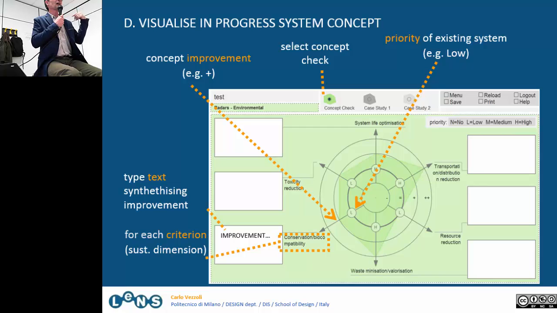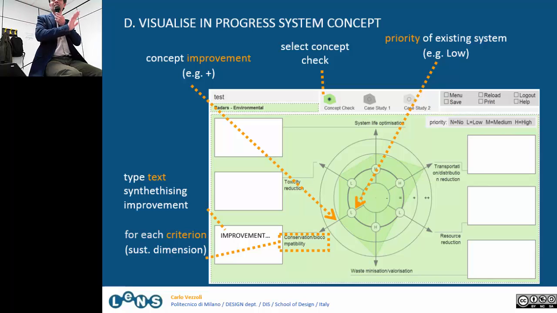Okay. And again, here you have to realize, and you can even identify and find out, which is the best compromise. Because if you have the priority, that helps you to understand, if there are two ideas related to a concept that are in conflict, in the sense that one produces an advantage for one criteria and maybe it's not that good for another criteria, well, if you have the priority related to that criteria, you say, okay, I can save this idea because it's related to something that is more important than the other.